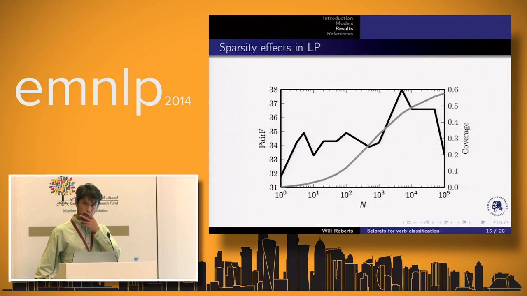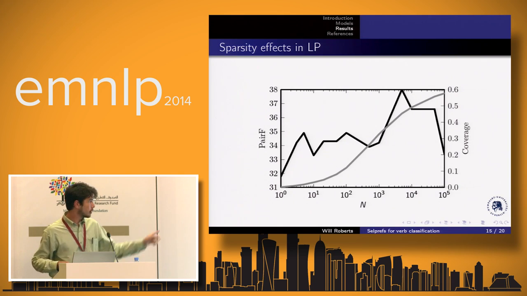So I was wondering if you, in some of those models, if you do have to leave some data out, like there is no coverage of that data because n is not large enough. Have you tried instead of leaving them out to use the backup? Yeah, that's a very good idea. No, we didn't do that.